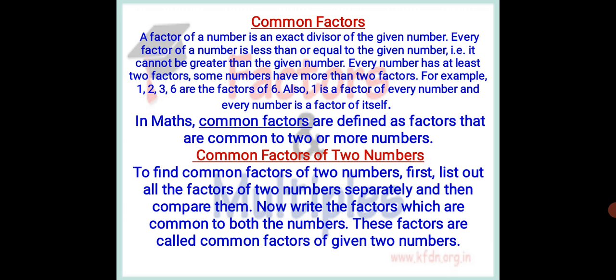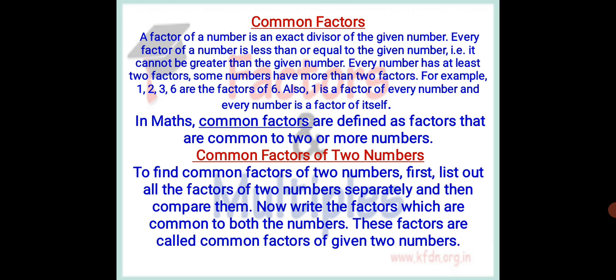Common factors of two numbers. To find common factors of two numbers, first list out all the factors of the two numbers separately and then compare them. First of all, we find the factors of the first number, then the factors of the second number.